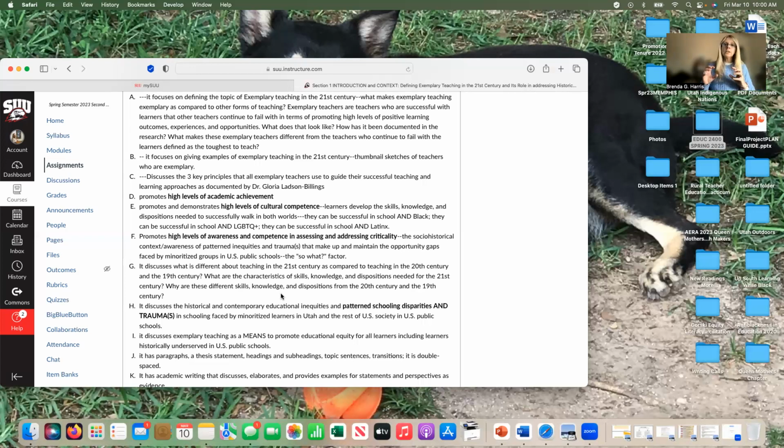So our educational pipeline, if you think back to Horace Mann and Thomas Jefferson, the whole idea was that public schooling was going to be the great equalizer, and that no matter what your background was, if you came to the public school, you would have an equal opportunity to be able to excel in your life and have the skills you needed to fully participate in society. Unfortunately, public schools have never done that.